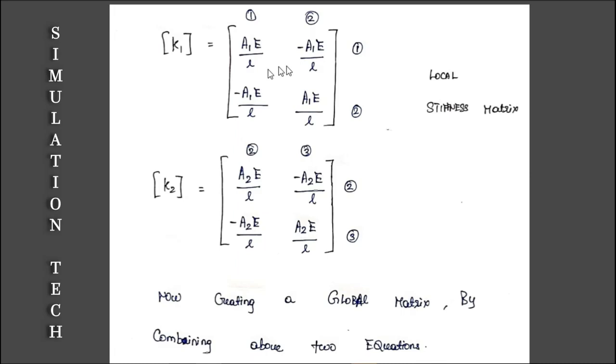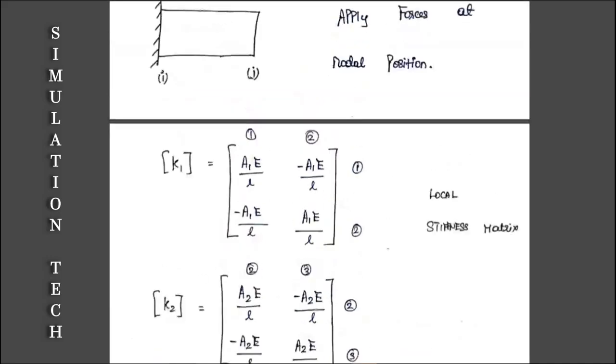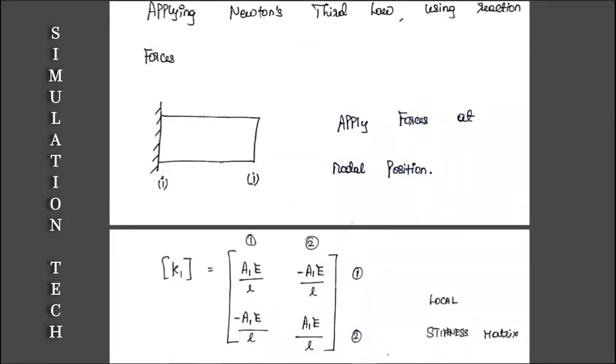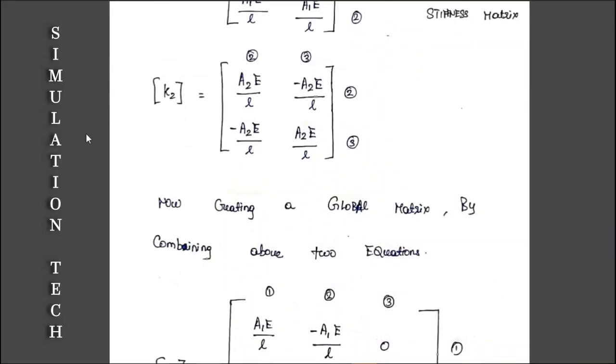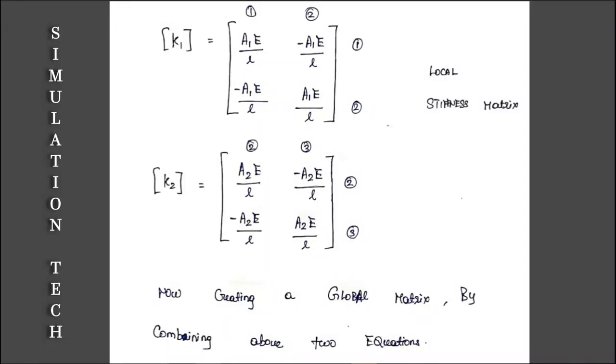So A1 E by L is opposite to minus A1 E divided by L. Similarly, A1 E divided by L and minus A1 E divided by L; here it has an opposite reaction, and here it has an opposite reaction. For element 1 we have written a local stiffness matrix, and similarly for element 2 we have written another stiffness matrix. These two stiffness matrices are called local stiffness matrices.